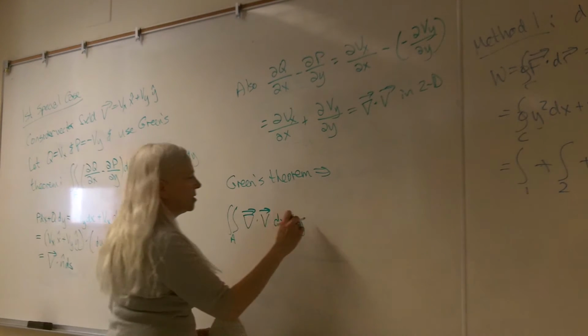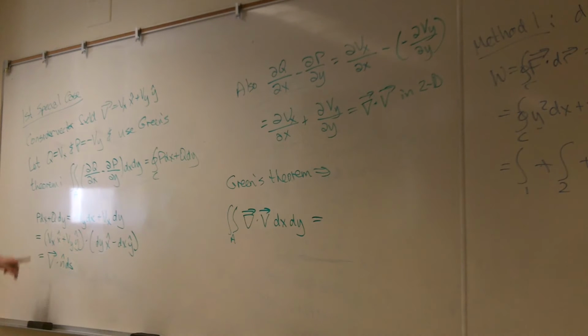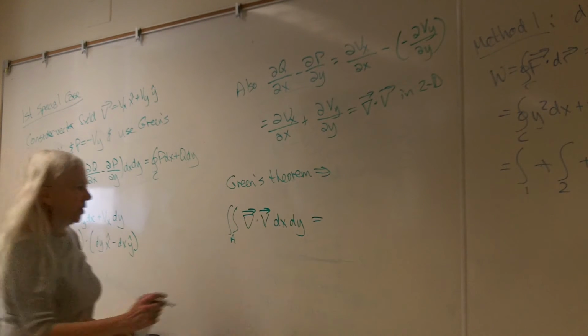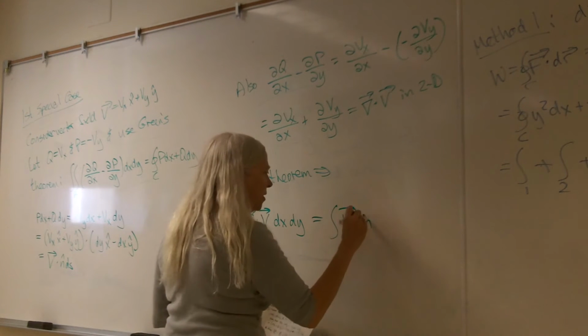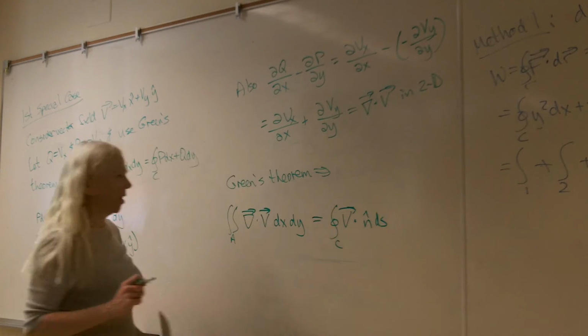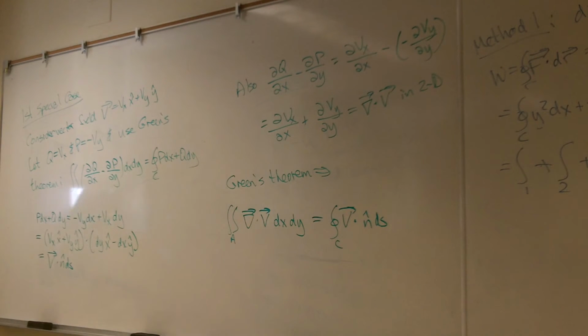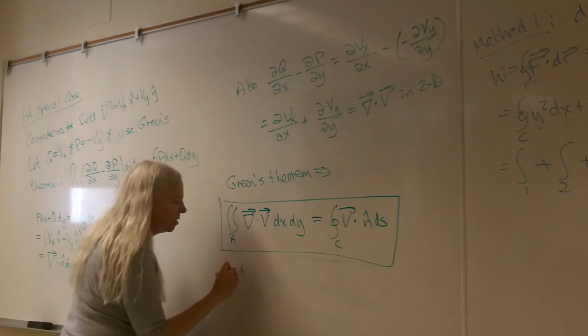And on the right-hand side of Green's theorem, that integral, well, the integrand from that is this right here. So this is going to be the integral of v dot n hat ds integrated around our closed curve C that forms the boundary of A. Okay. Well, this is actually the divergence theorem in two dimensions.